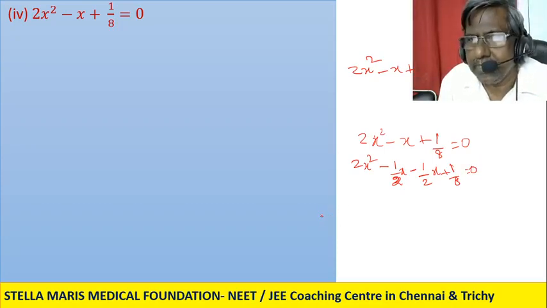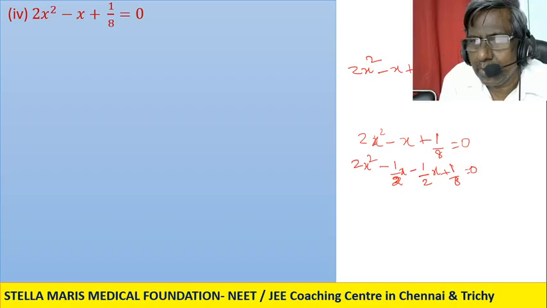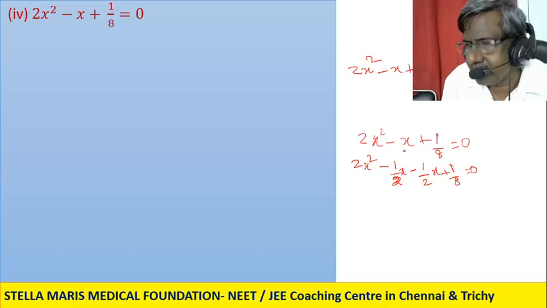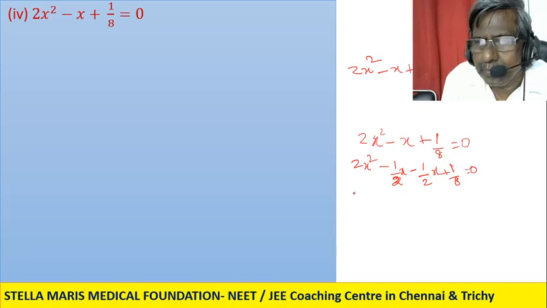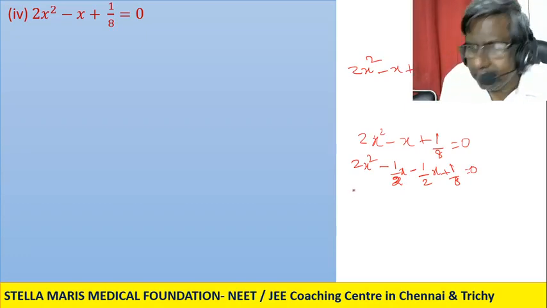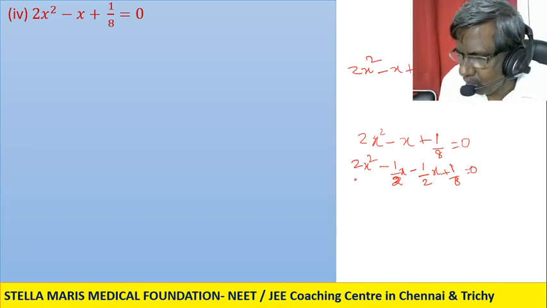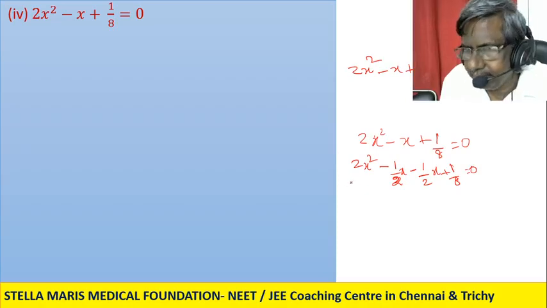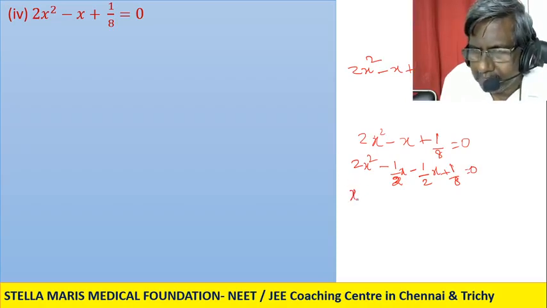Yes. Now, please watch this. Here, this x, I am splitting as minus half x minus half x. Minus half x minus half x will give you minus x. Now, 2x square, I am taking x common outside.